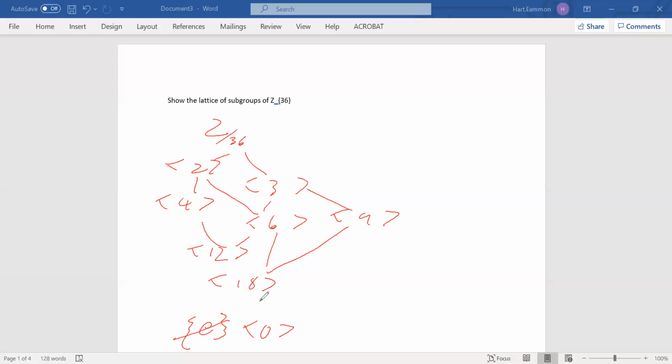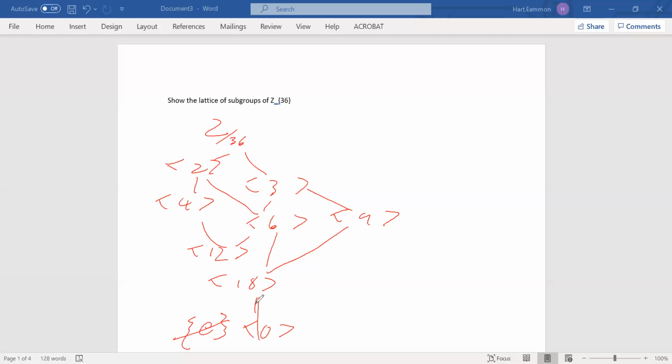So this right here is a not particularly pretty way of drawing the lattice of subgroups of Z36.